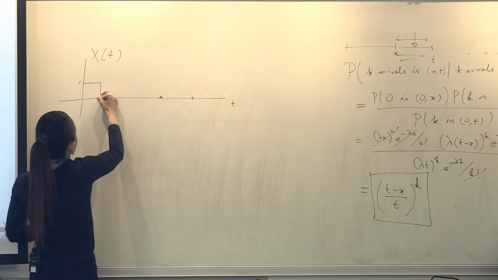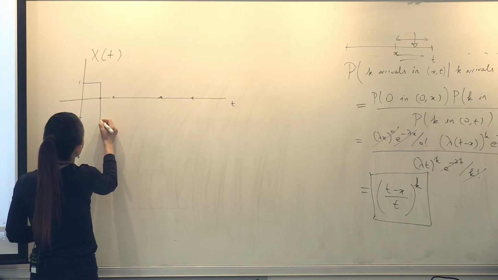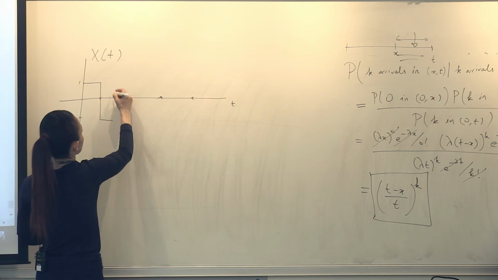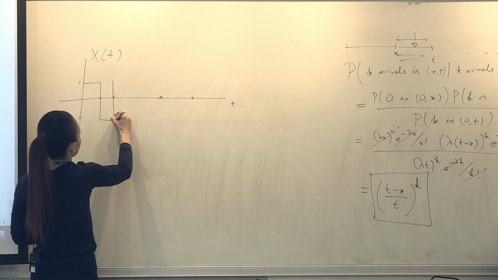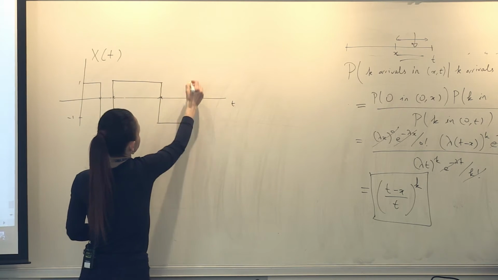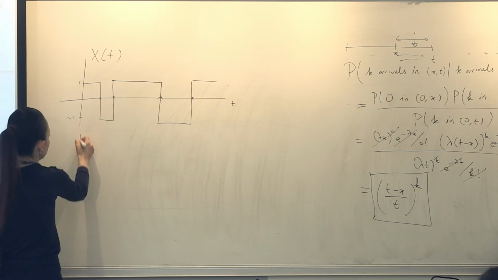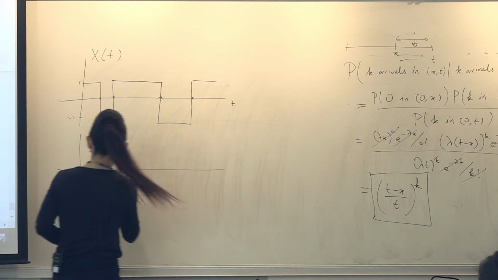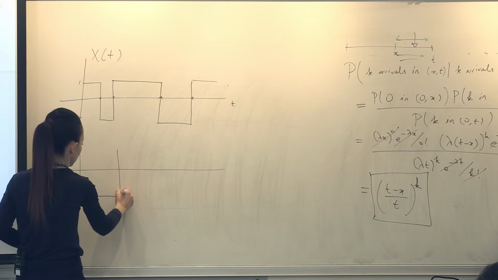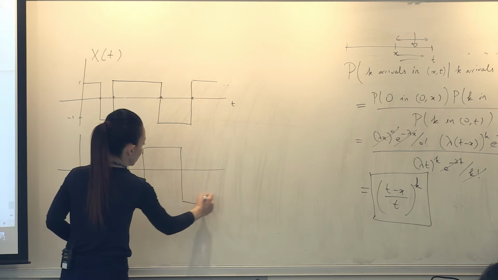All right, so it changes polarity, goes to -1, stays at -1 until the next arrival, at which point it changes again back to 1, and so on. Another kind of sample path could start at -1, of course. Go like this, etc.